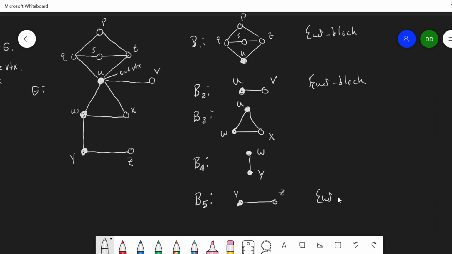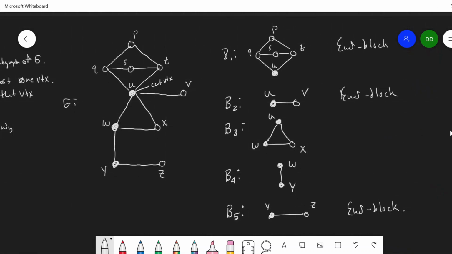B5 is also an end block. So maybe you can see why they're called end blocks now. If we just look visually, those blocks occur on the extremities of the graph, at the end of the graph. And this is the idea of an end block.